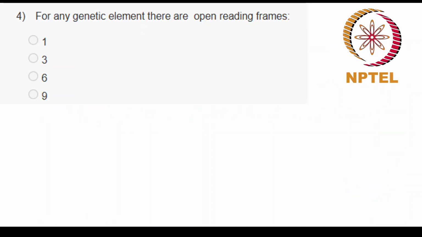So this is the next question. For any genetic element that are open reading frames, okay, so 1, 3, 6, 9.